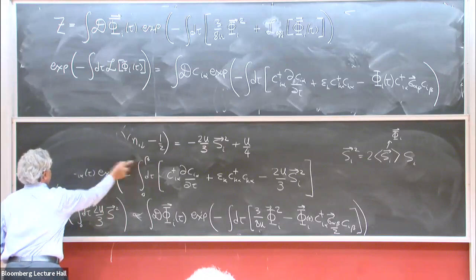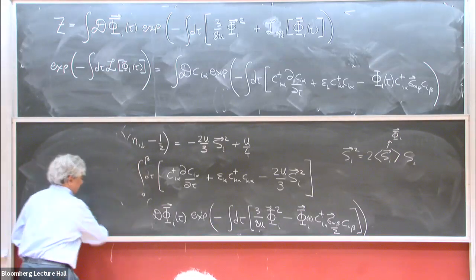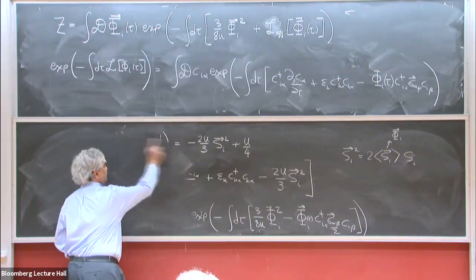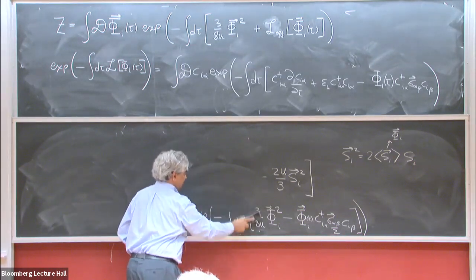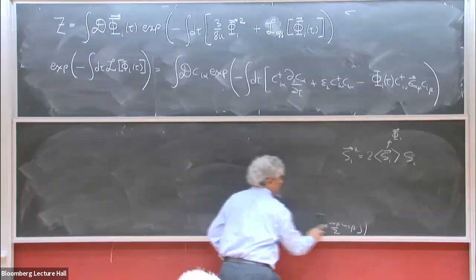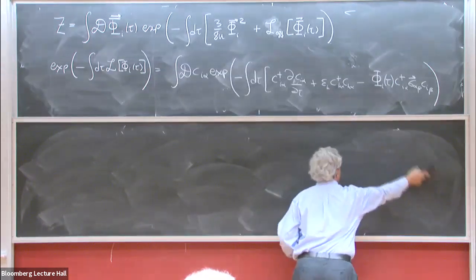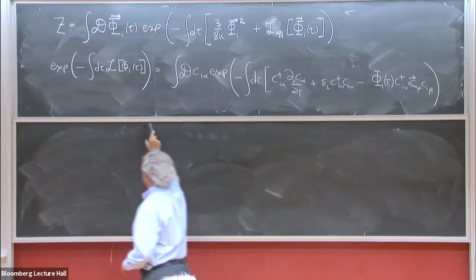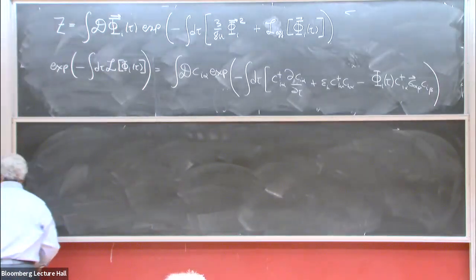Now the first approximation I'm going to make is to expand L of phi to order phi squared. Even after that approximation, I still have to do the path integral over phi.